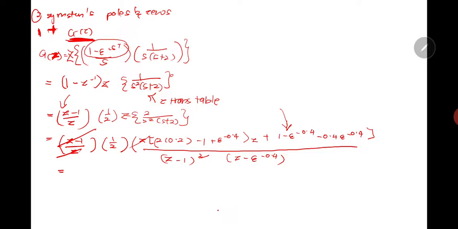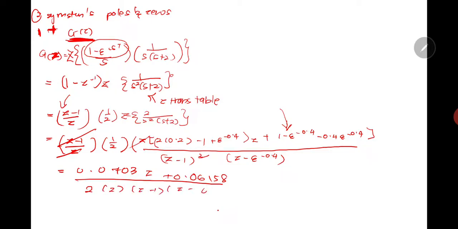So you should be able to get 0.0703. Since we need to get the pole and also the zero, we can factorize this numerator. So finally, if you calculate, you should get 0.0.